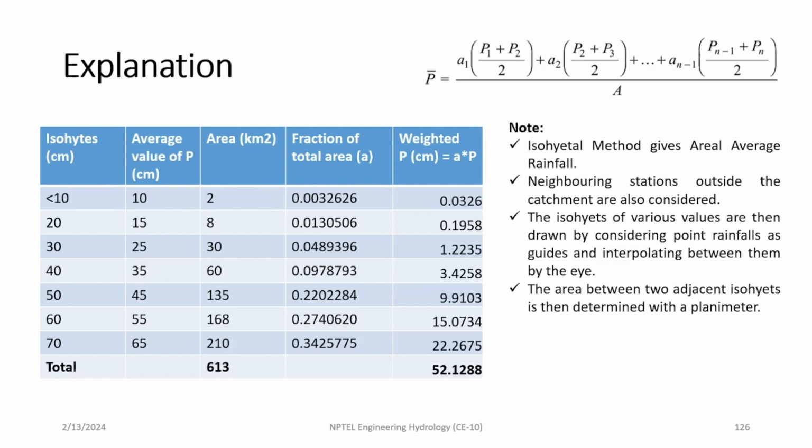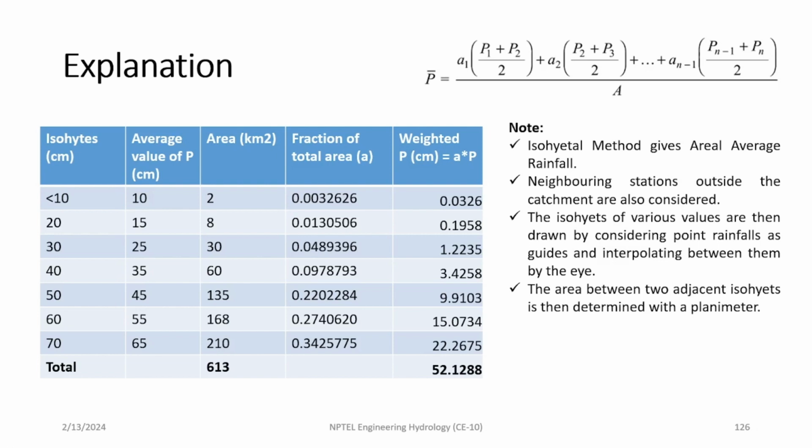Then 20 plus 30 is 50, divided by 2 is 25. This is the average value P. Then average P is (P1 plus P2) divided by 2. Then total area 613, so 2 divided by 613. Yeah, this is correct, 0.0032.